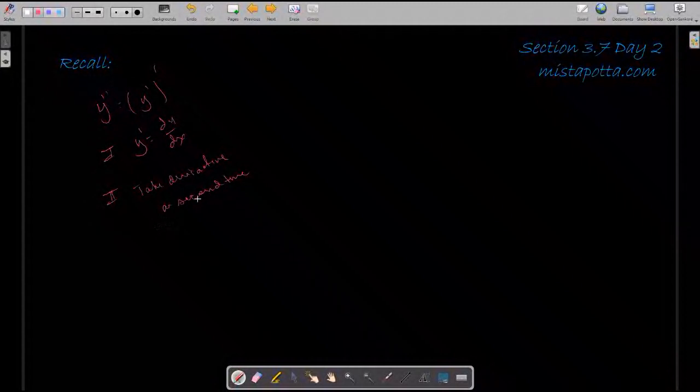And the second thing I'm going to have to do is take the derivative a second time and substitute for y prime. In other words, every time I see y prime, I'm going to need to substitute that expression that's equal to y prime. And so that's what we're going to be doing in these problems.